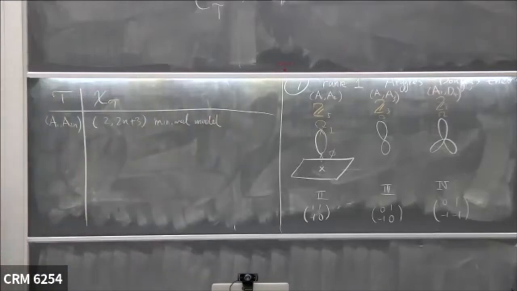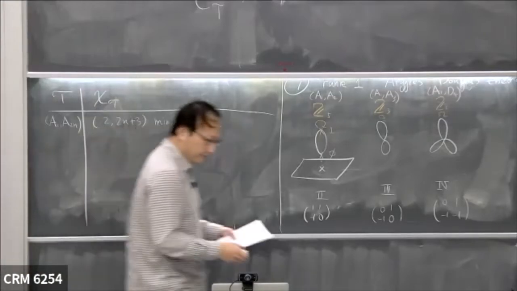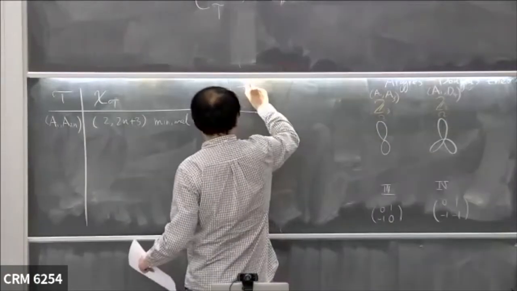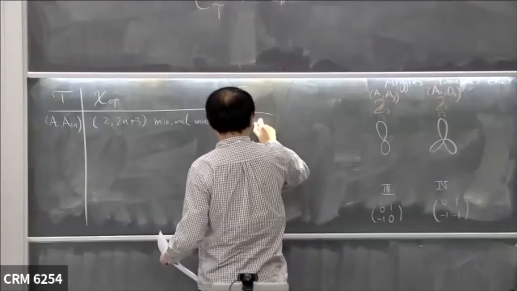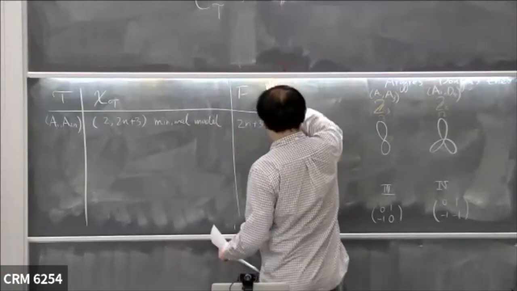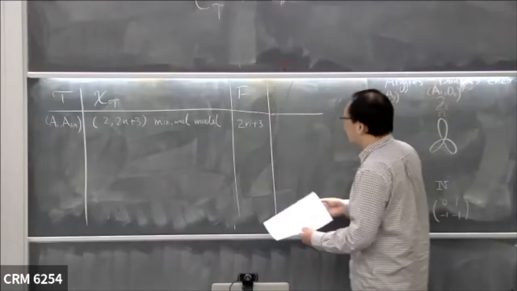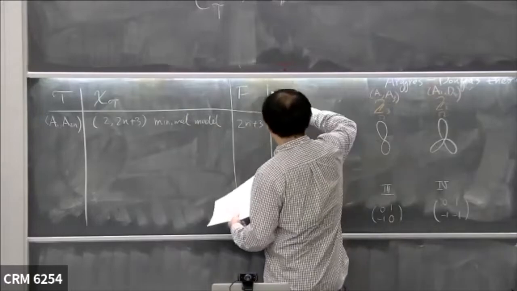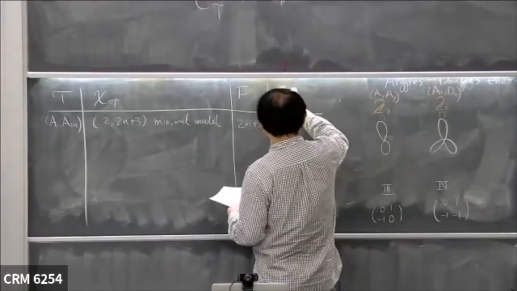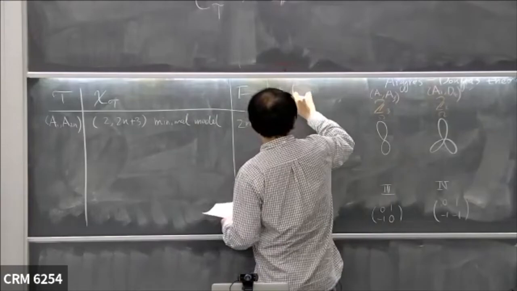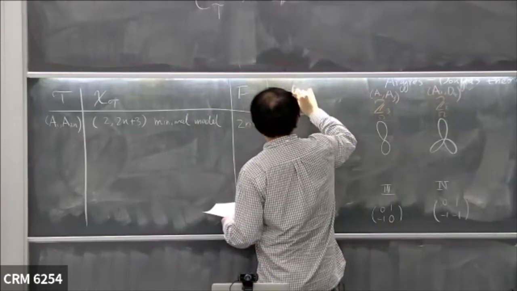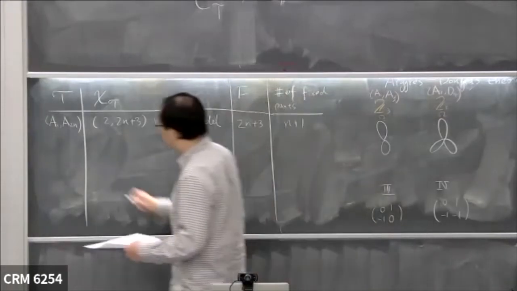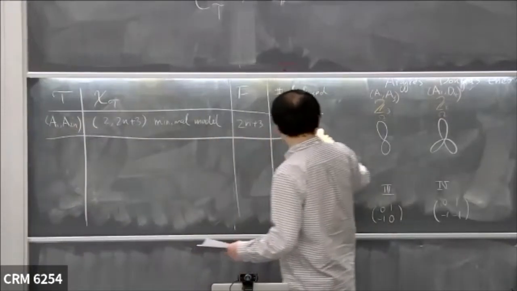And then you can check. So F in this case will be 2n plus 3. And then you can check that indeed the number of fixed points corresponds to simple objects. And you can also match the relevant data for S and T matrices. I will just give the number of fixed points. In this case, it's n plus 1. This is something that you exactly expect.